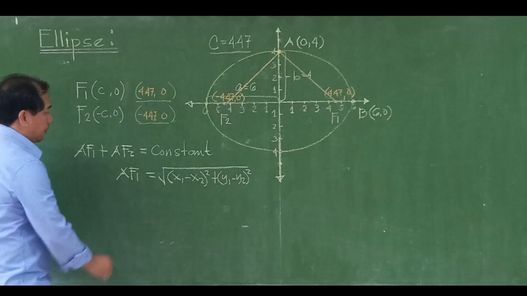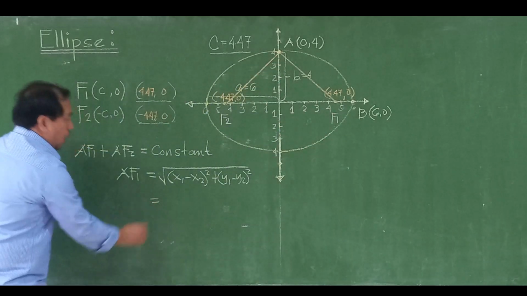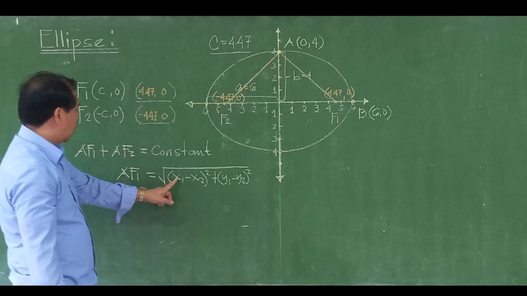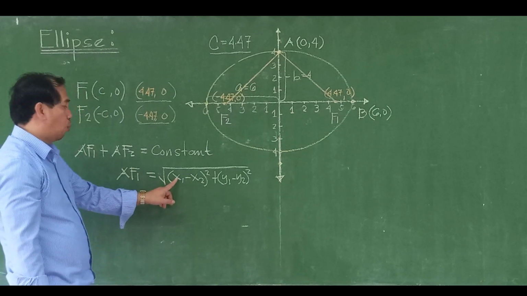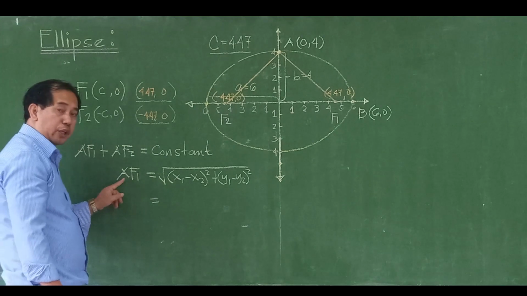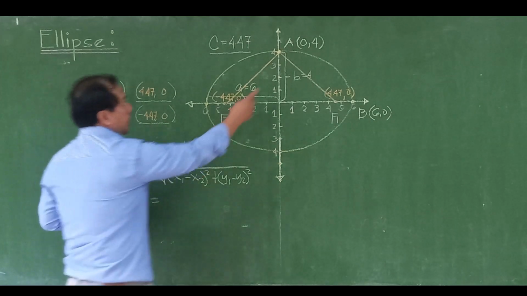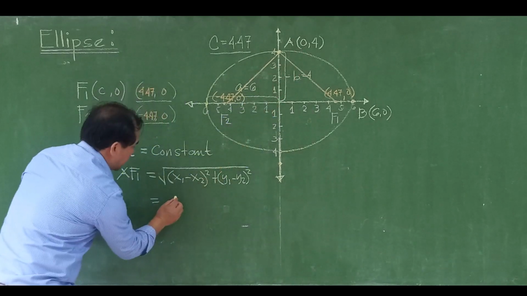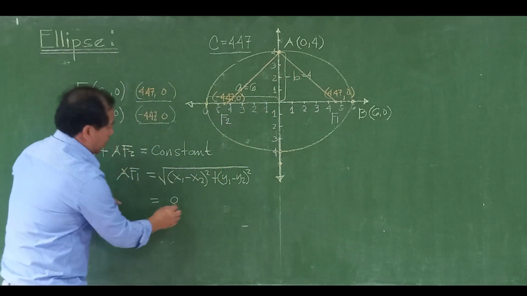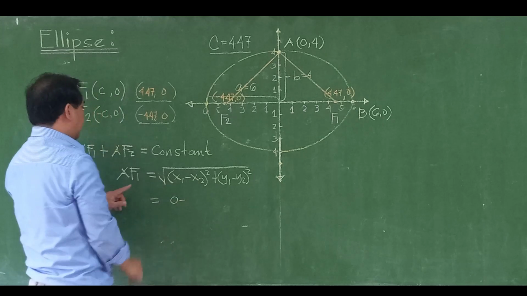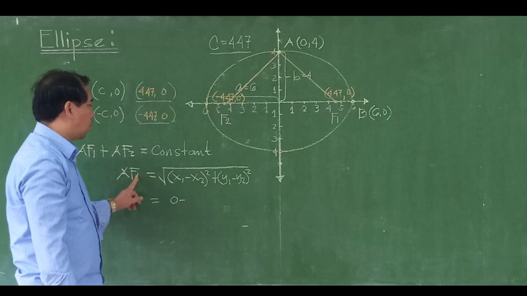So let's see what must be the value of our x sub 1, which is the x coordinate of point A. So our x sub 1 here is 0. So that is 0 minus what must be the coordinate of focus 1?